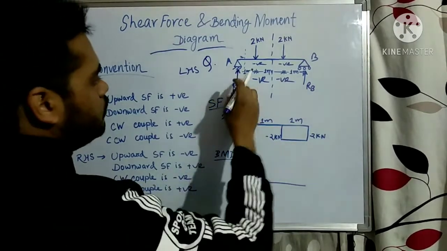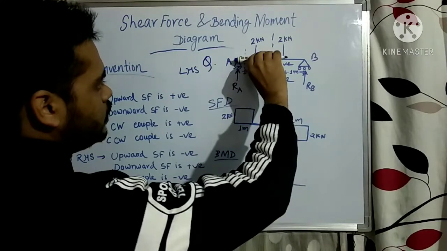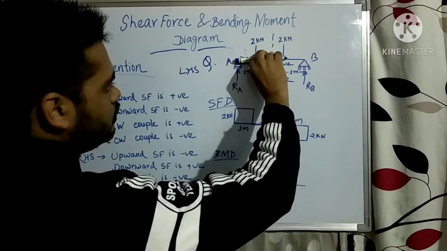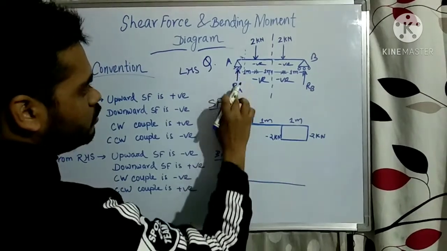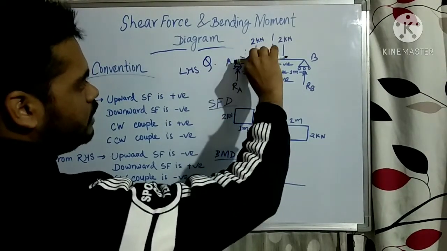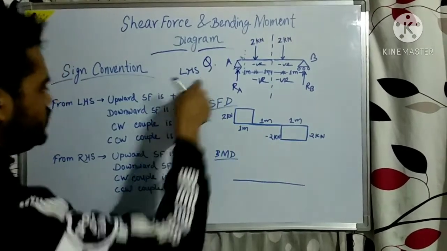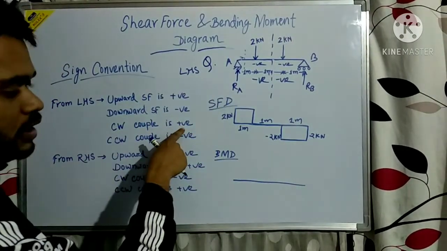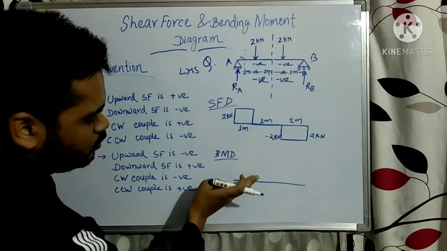Because of this reaction RA, this beam is going to bend in the clockwise direction, right? This RA is going upward, so the beam will bend like this in the clockwise direction. From the left hand side, a clockwise couple is positive, so the bending moment diagram will be positive.